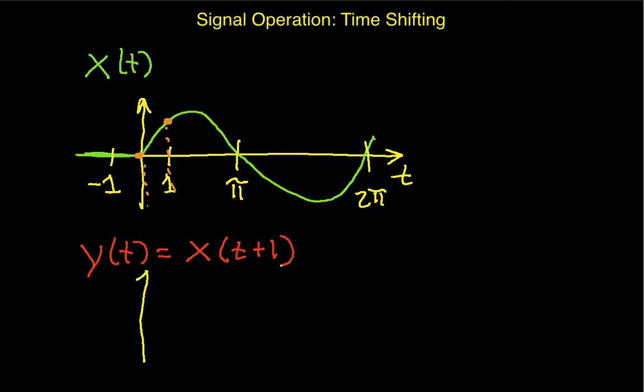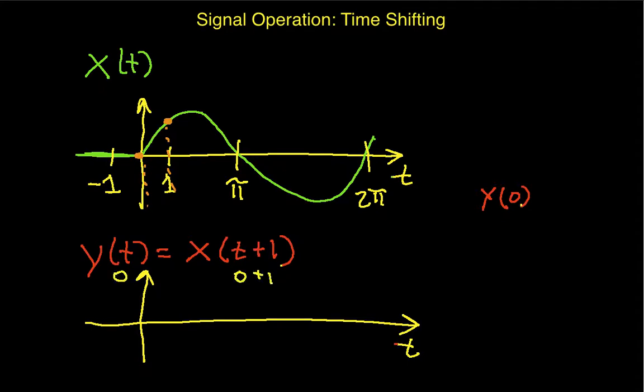We draw our axes, and we want to find y of 0. To get y of 0, I've set t equal to 0, so this is 0 plus 1. So y of 0 is equal to x of 0 plus 1.